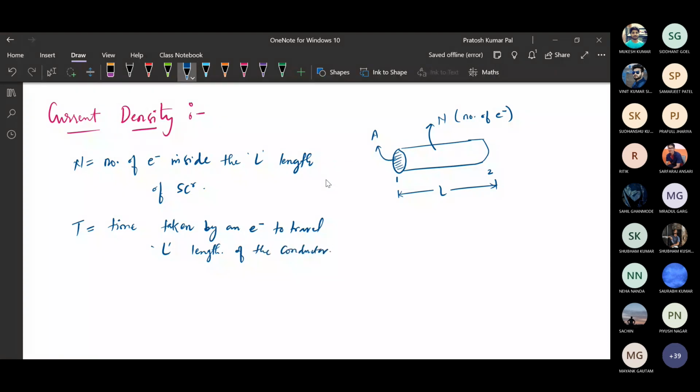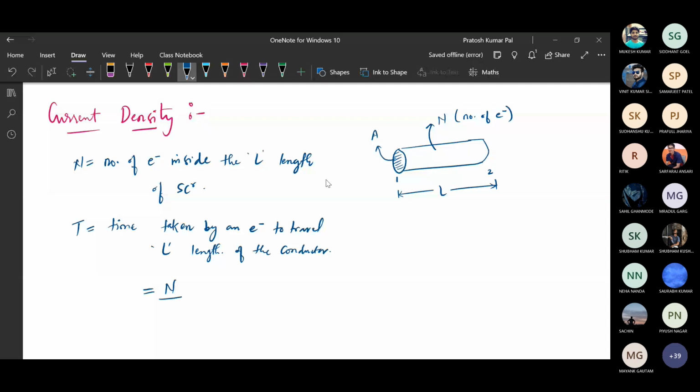If we need to find the total number of electrons passing through this cross-sectional area per unit time: the total number of electrons is n, and one electron takes time t to cross from one end to the other. So the number of electrons crossing this cross-sectional area is given by the total number of electrons divided by the time taken by one electron.